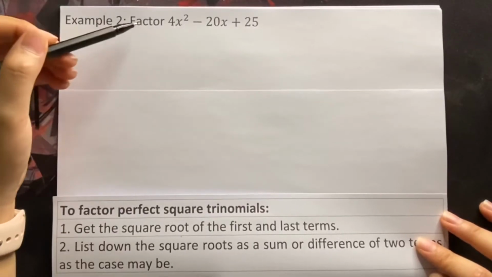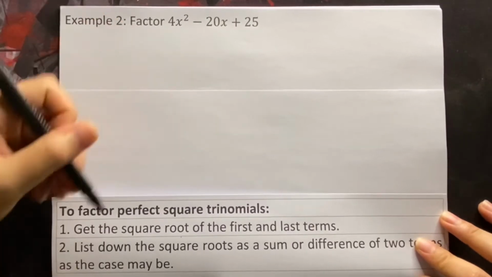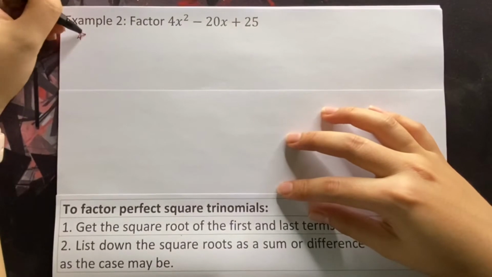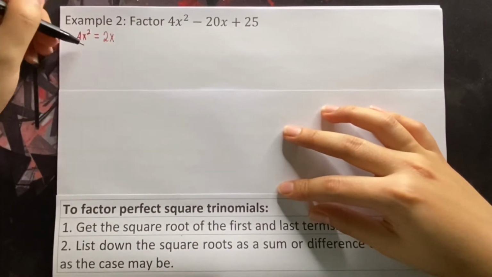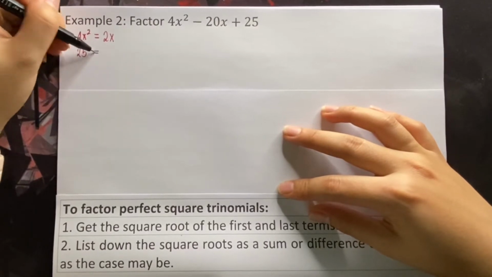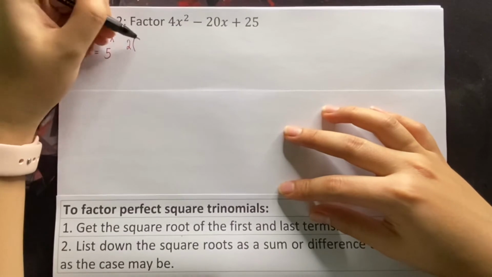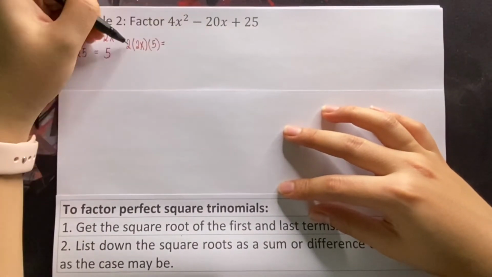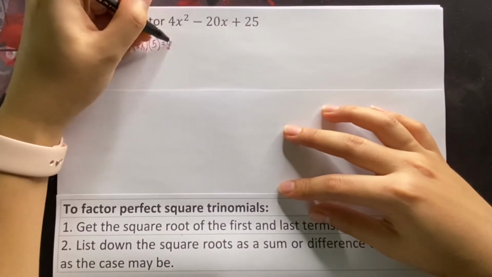Example 2. Factor 4x squared minus 20x plus 25. First step, get the square root of the first and last terms. 4x squared is 2x. 25 is 5. Then twice the product ng dalawa. 2 times 2x times 5. 2 times 2x, 4x. 4x times 5, 20x.